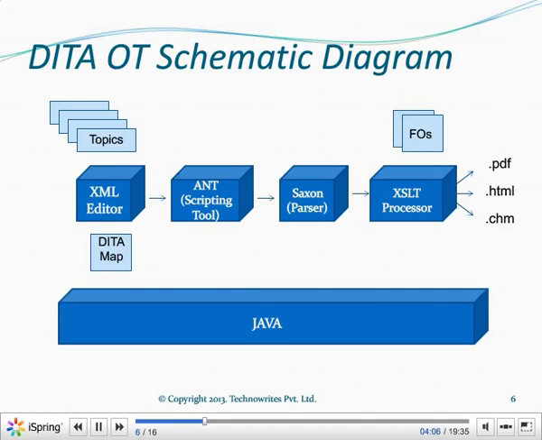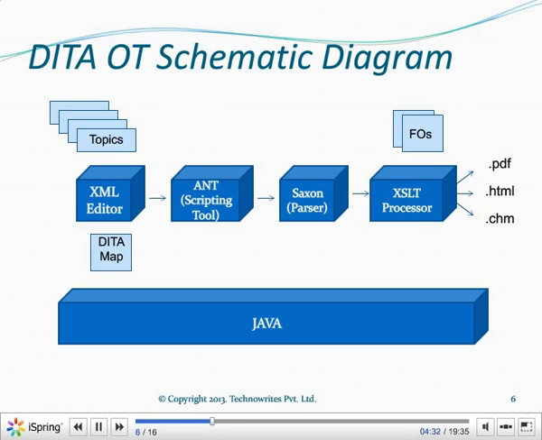Here is the schematic diagram of DITA-OT. The topics and a DITA map file are created using an XML editor. Then we use a scripting tool called ANT. ANT stands for Another Neat Tool.